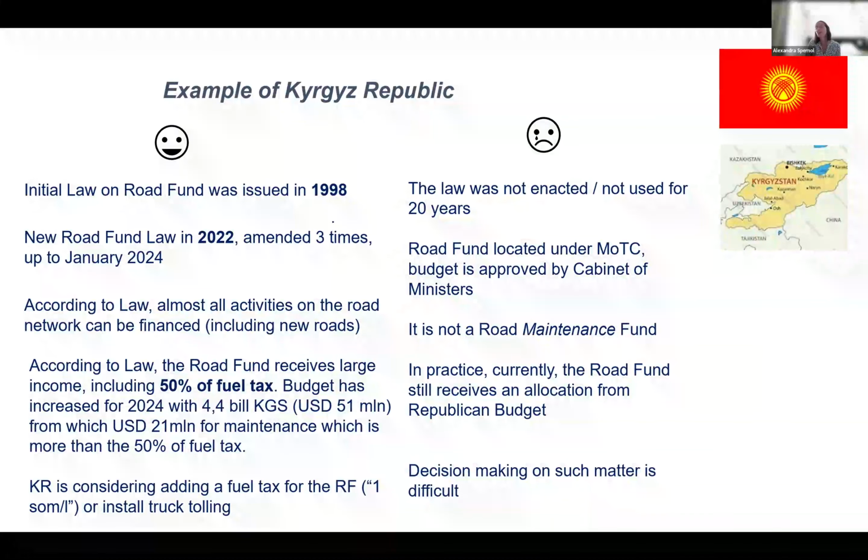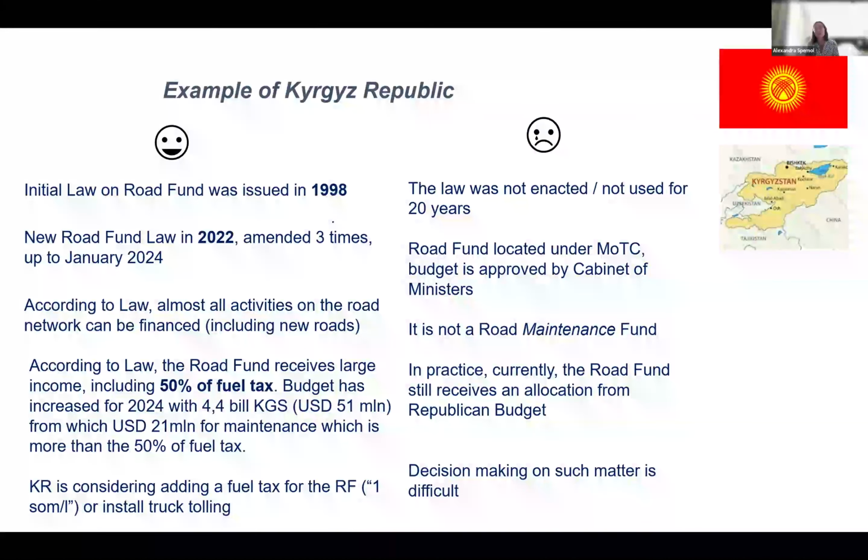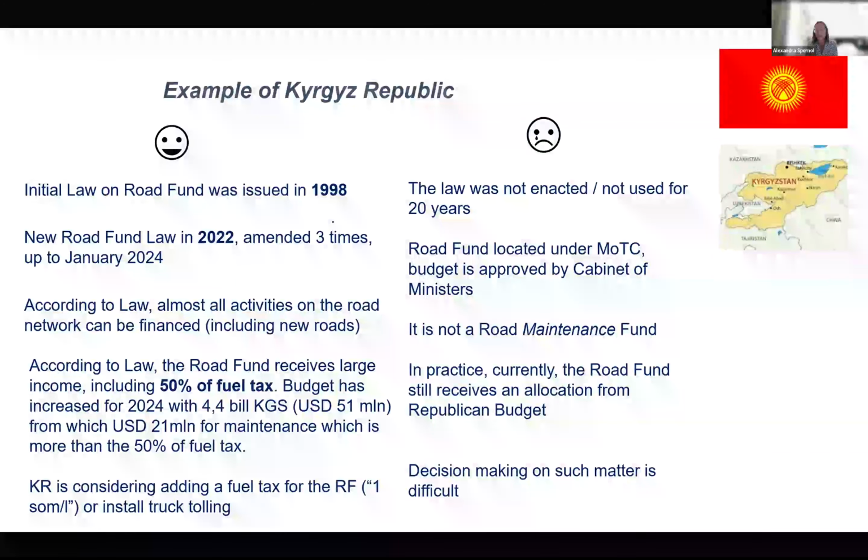The budget has increased significantly after creation of the road fund. My experience with road funds over the years is that if you are too ambitious and you earmark a lot, it usually doesn't last a very long time. Kyrgyzstan is considering a lot of different options to raise additional road user taxes.